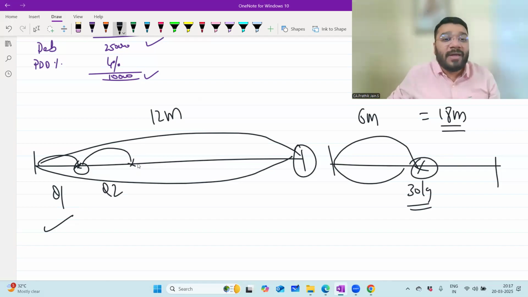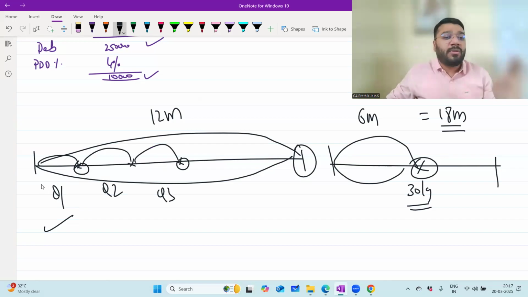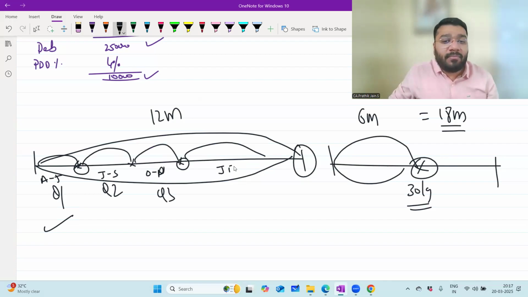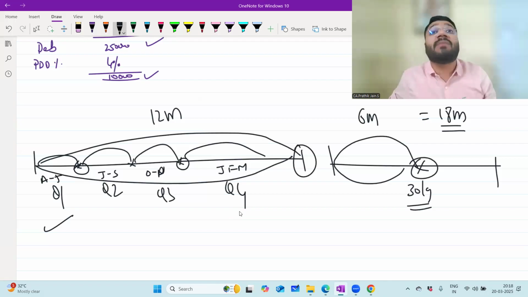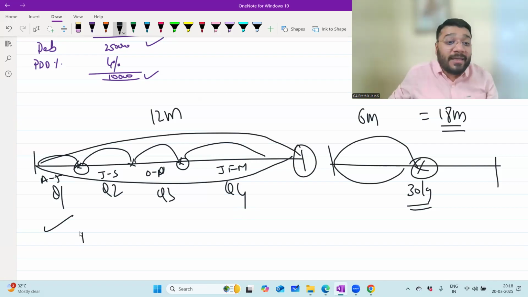Then October, November, December, quarter 3. January, February, March, quarter 4. So once in every 3 months, you have to make your client pay something called advance tax. So how many advance taxes? 4 advance taxes. So if I don't pay the advance tax on time, or if my client does not pay advance tax on time, what will happen? Interest.